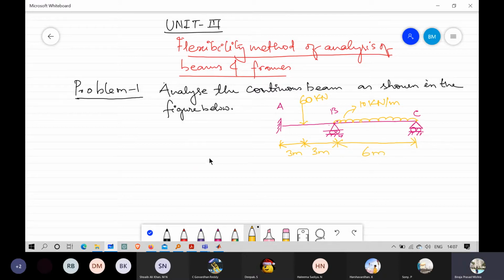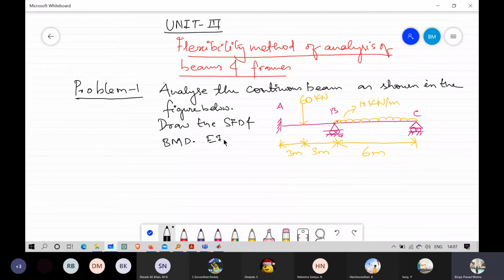And you have to take EI as constant. You have to draw the shear force diagram, SFD, and BMD as well. So this is the question.